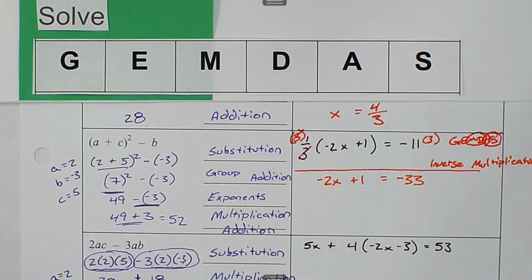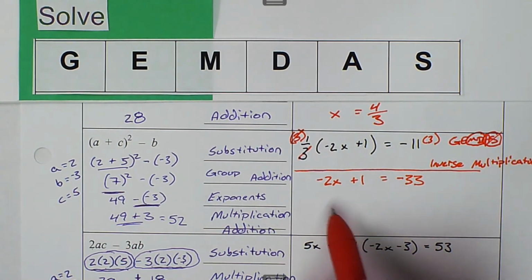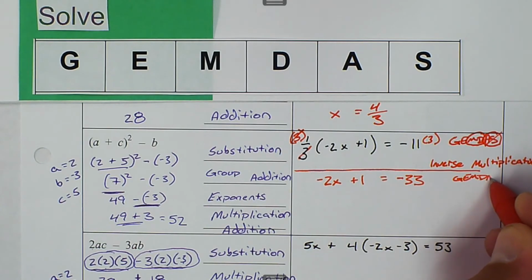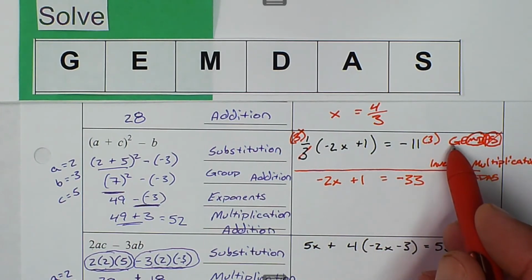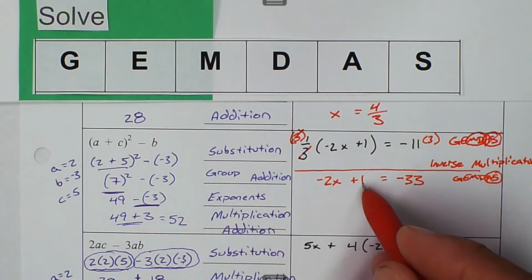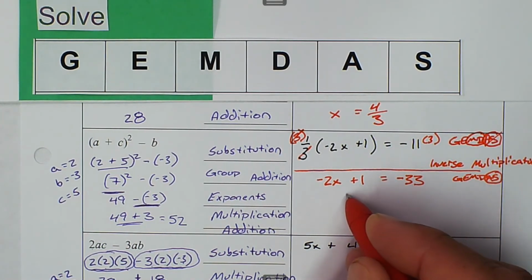Now, we don't have any more groups, so now we get to restart GEMDAS. So we got rid of that group. Now we get to start back over from the beginning. Do we have addition and subtraction? We do have addition.